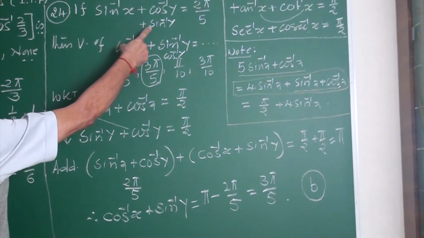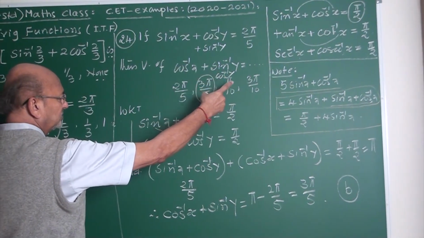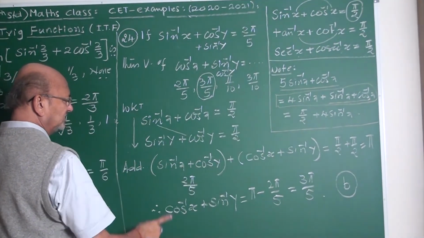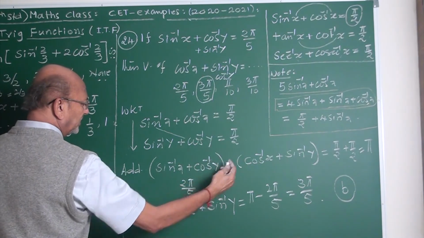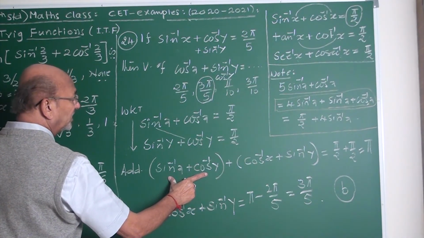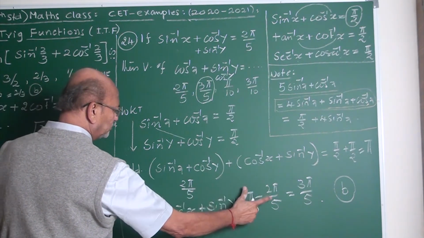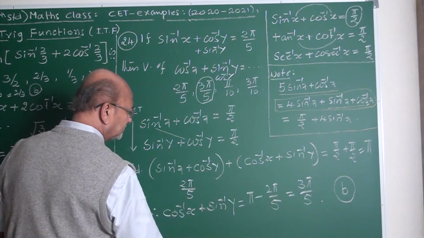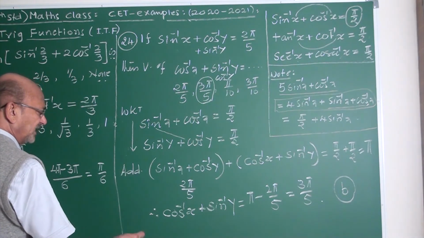If it is sin inverse x plus sin inverse y, write that first. If it is cos inverse x plus cos inverse y, write that. The given one is one bracket, the remaining is another bracket. You know the value of this bracket, substitute, shift this side: it is pi minus 2 pi upon 5, which is 3 pi upon 5. Even you can write the direct answer, my friends.